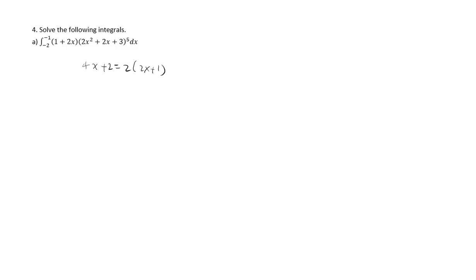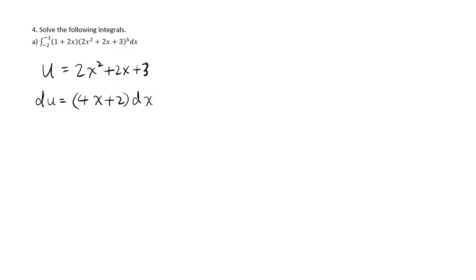Okay, so anyways, what I'm trying to say is that you just want to take the U-substitution with u equals 2x squared plus 2x plus 3, so that d of u is the derivative of this, which is 4x plus 2 dx. And you should always solve for dx.